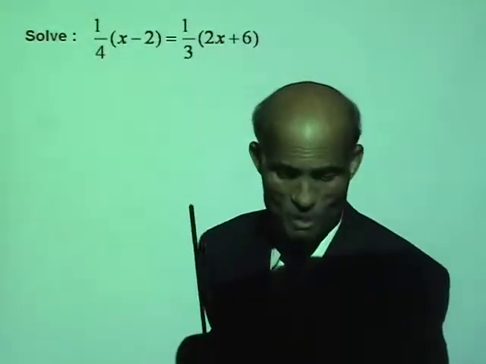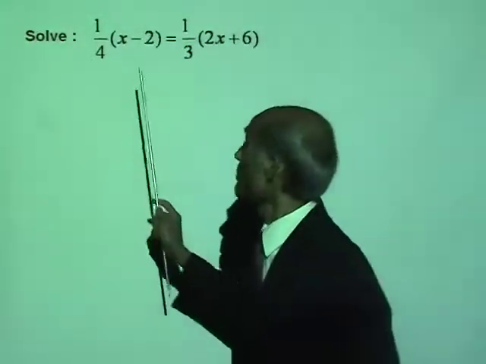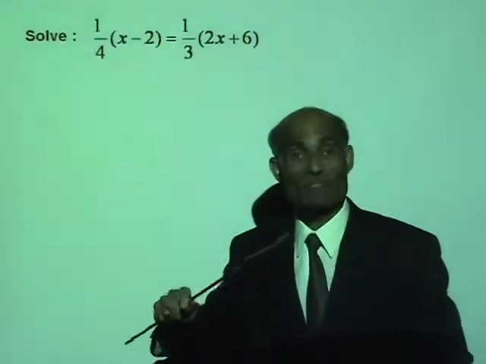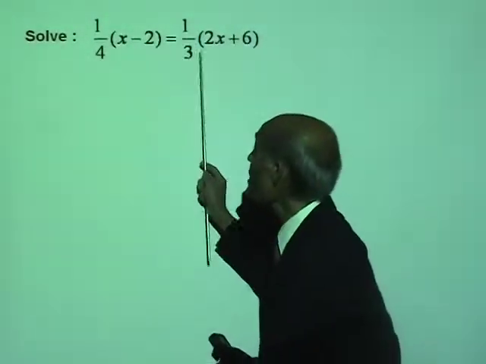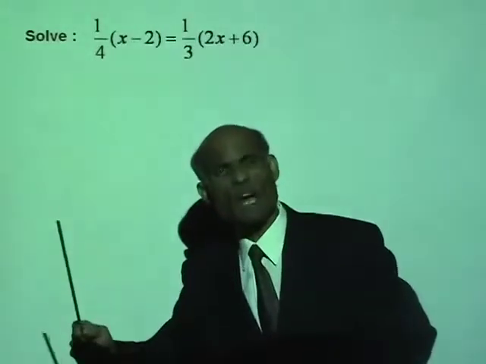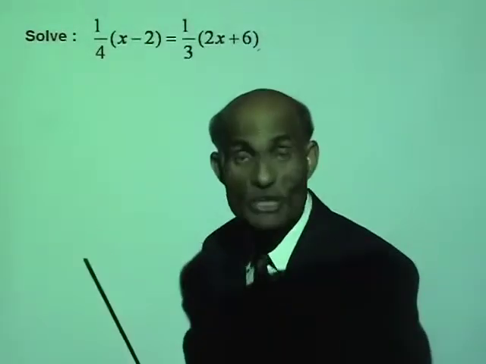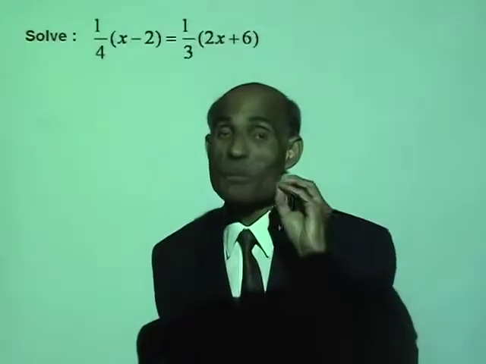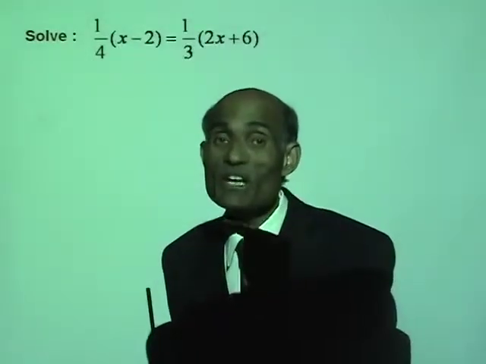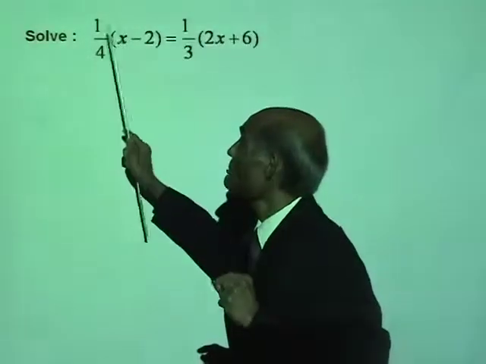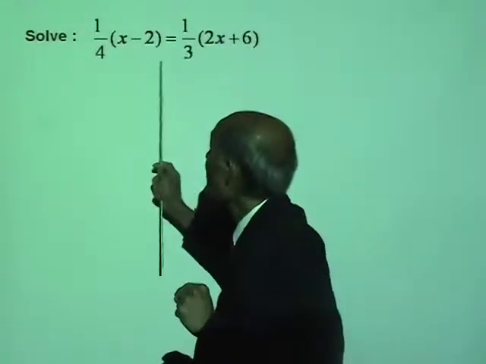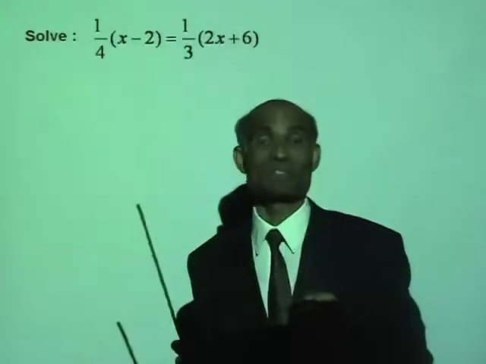Now, we have a small problem. We have a 4 on the denominator on the left and a 3 on the denominator on the right. We want to get rid of both of these. And therefore, we must choose a convenient number so that we can multiply on the left and on the right to get rid of both these numbers.